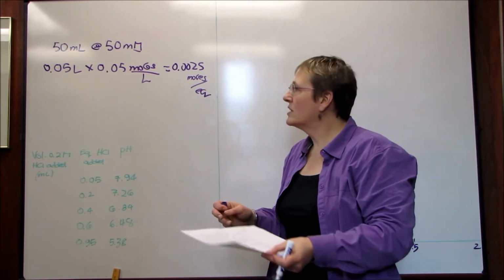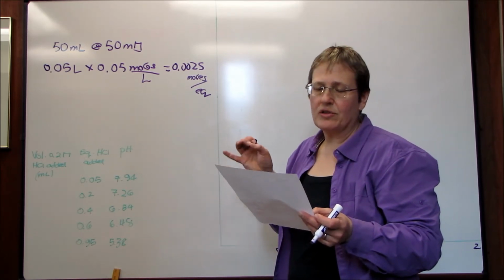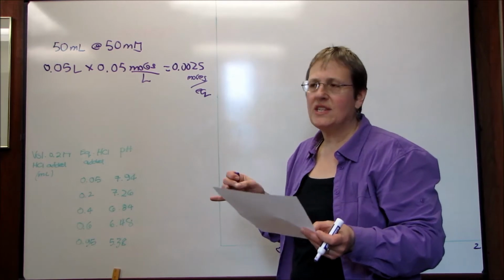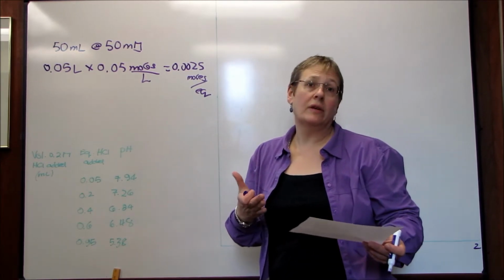Now another thing that's really good to figure out and makes the question really easy is to realize that we're titrating with 0.2 molar HCl, so it's good to know how many milliliters make up one equivalent.